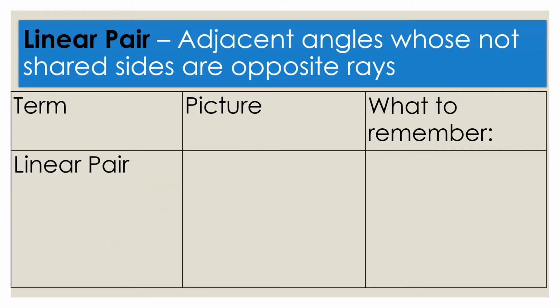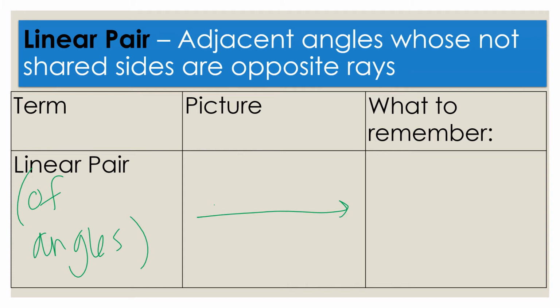Linear pairs of angles are adjacent angles whose non-shared sides are opposite rays. So when you have this, they both share this side here, but they're talking about the non-shared sides being opposite rays, which would be right here.